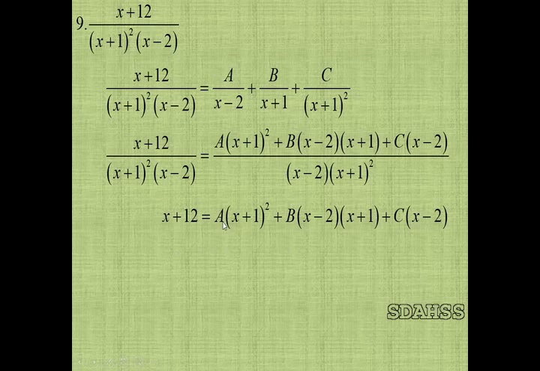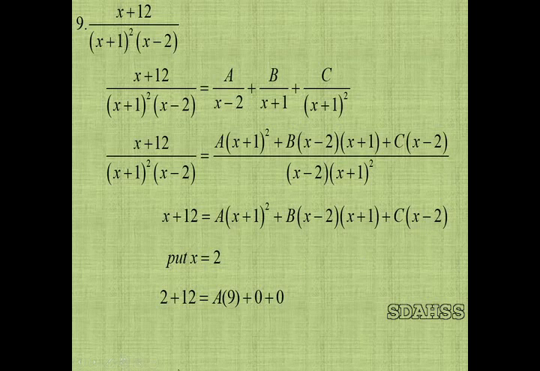Now put x is equal to 2, taking down the factor x minus 2: x minus 2 is equal to 0 means x is equal to 2. Substitute x is equal to 2 in this equation, so this becomes 2 plus 12 is equal to, 2 plus 1 is 3, 3 whole square means 9, so 9a. The b term fully vanishes since 2 minus 2 is 0, and the c term also vanishes.